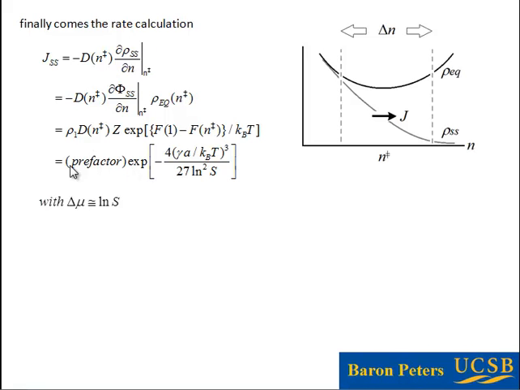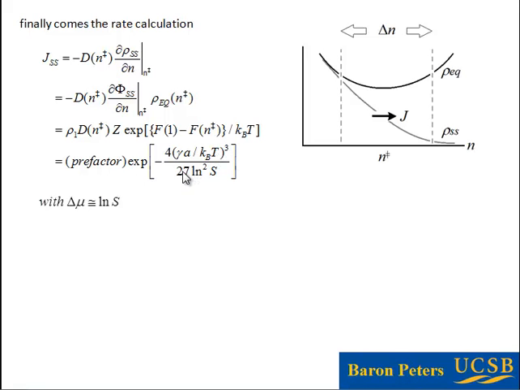So what you have here is a rate expression for nucleation that can be written as a prefactor multiplied by this exponential term. That exponential term has a remarkably simple form. It is 4 times a dimensionless number, cubed in this case, another dimensionless number, and that is the interfacial free energy times the interfacial area coming from the shape factor, divided by kT.